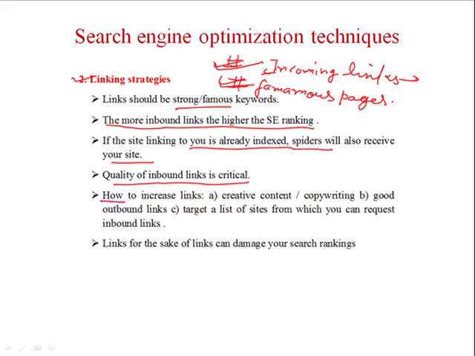How to increase links? First is by using creative content, copyright. Second is by using outbound links. Third is by using target links of sites from which you can request inbound links. So these are three ways you can increase the inbound links for your sites.